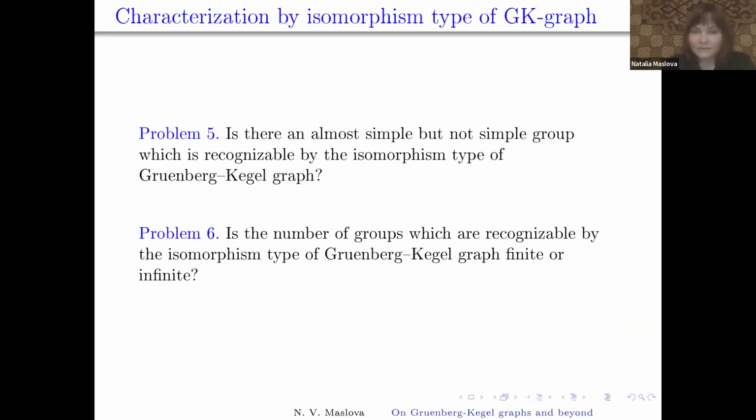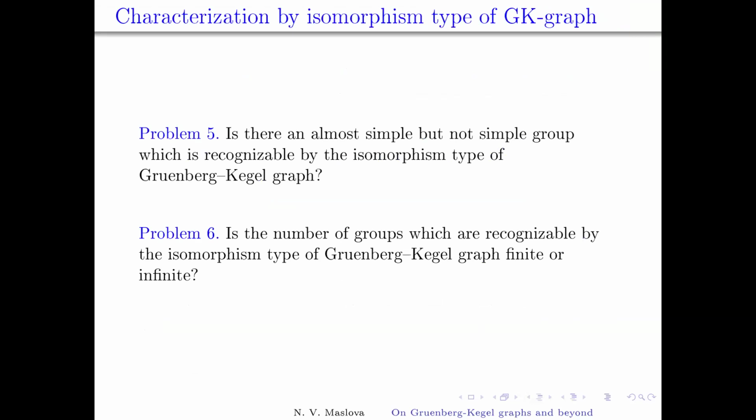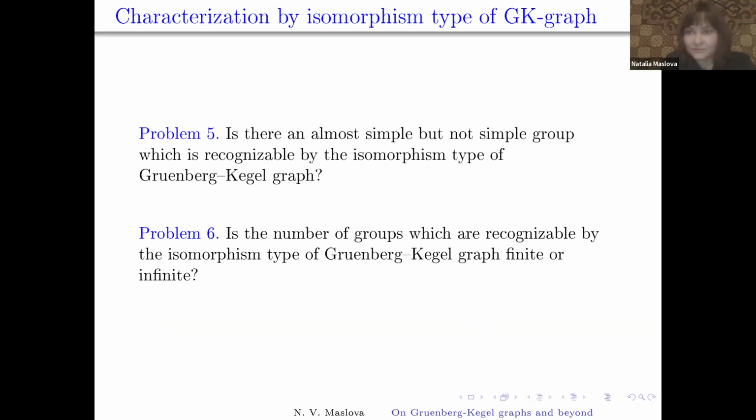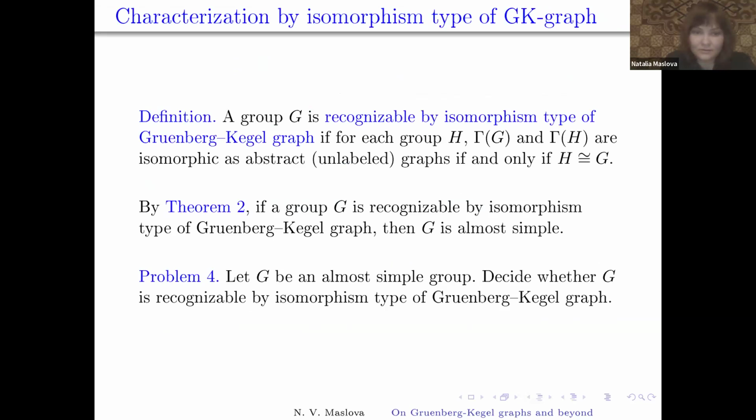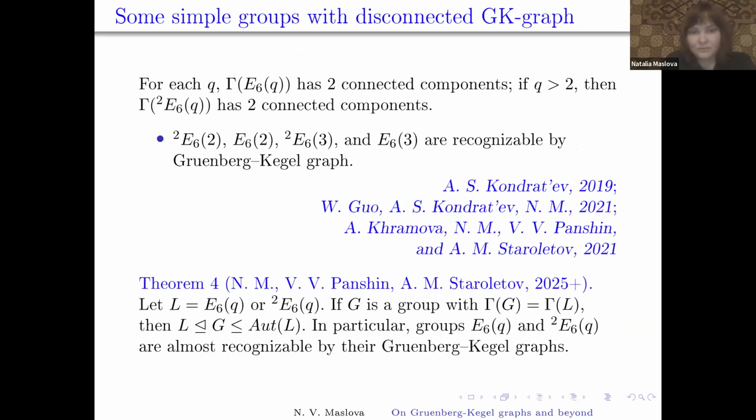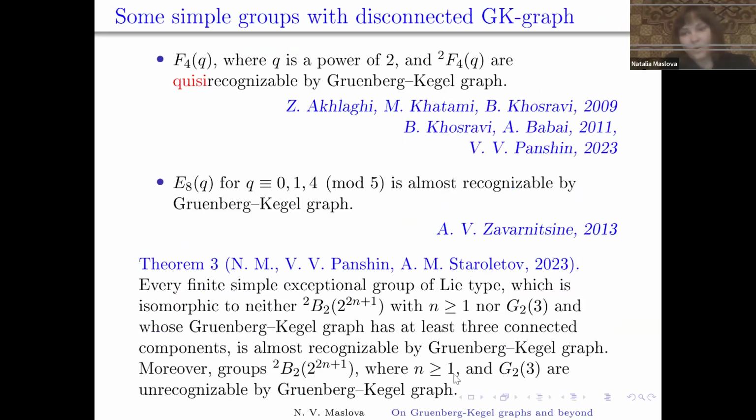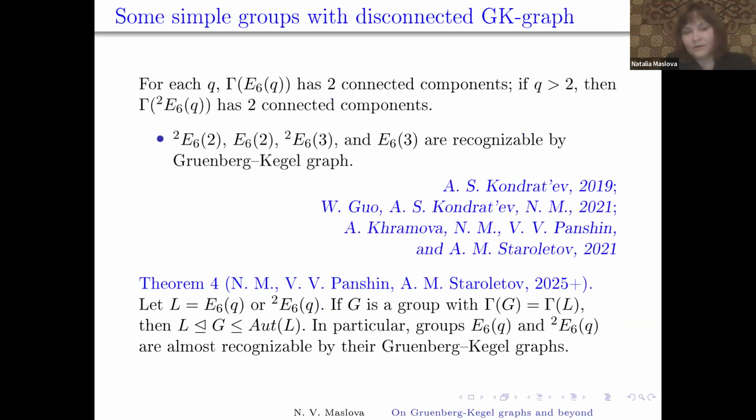If we label the Gruenberg-Kegel graph, there are infinite series which are recognizable by labeled graphs. There are examples. For example, almost all the exceptional groups of Lie type, E6(q) and twisted E6(q), they are almost recognizable, but we can easily construct a subseries which are recognizable.